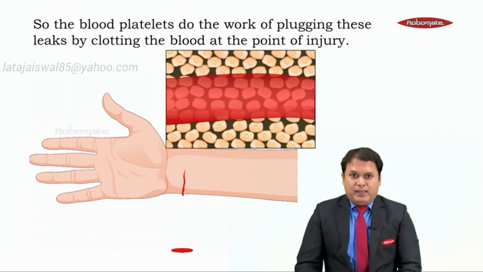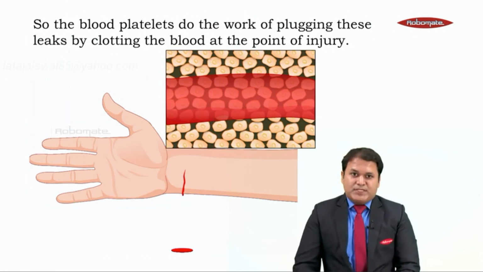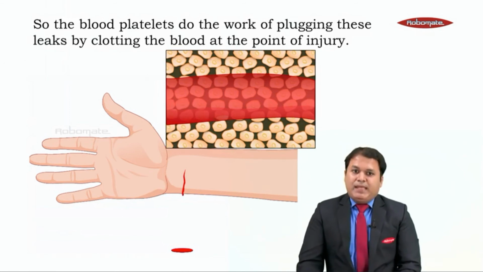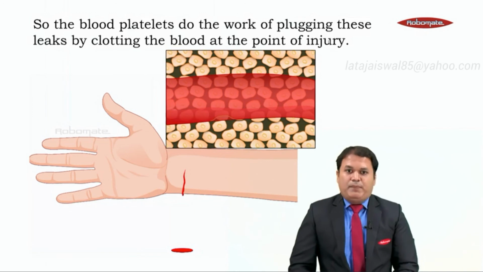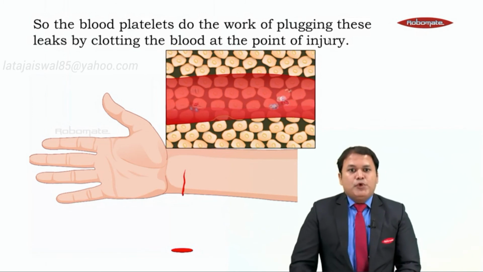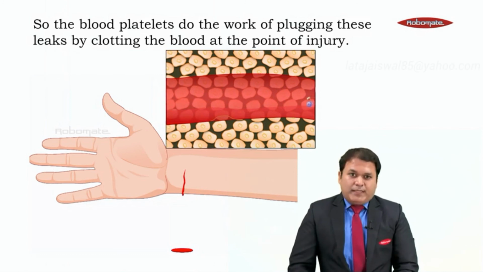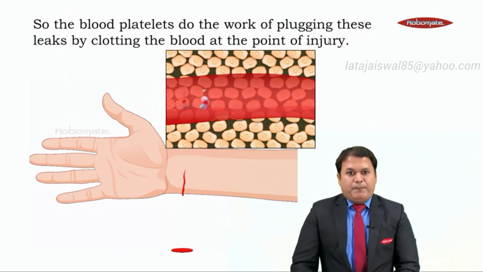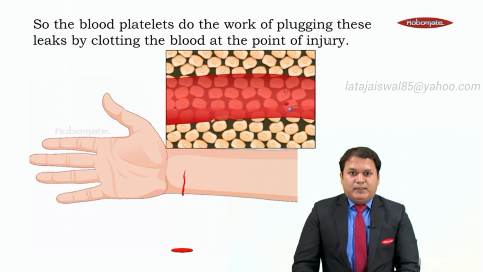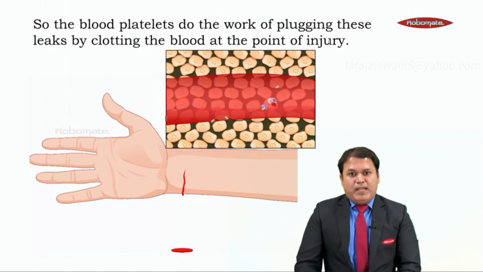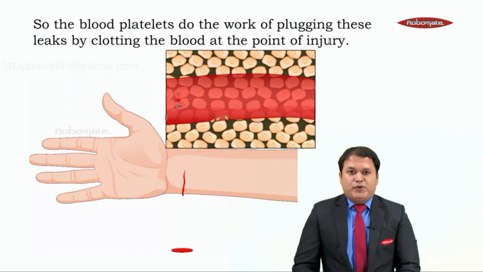Let's understand. Imagine a blood vessel which is surrounded by the body cells, and imagine there is a cut in the blood vessel. You can see the blood cells flowing in the blood. Now when there is a cut in the blood vessel, the platelets, one by one, start getting accumulated or collected at the site of injury.